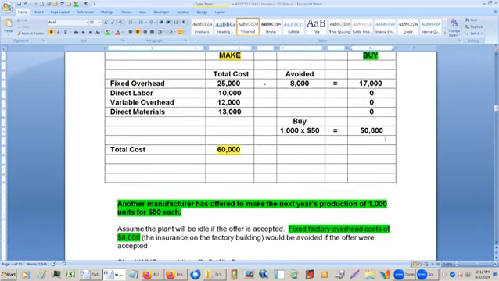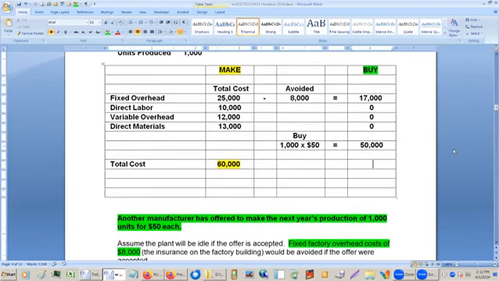Okay, so the total cost if we buy it is going to be 17 plus 50, which is 67,000.